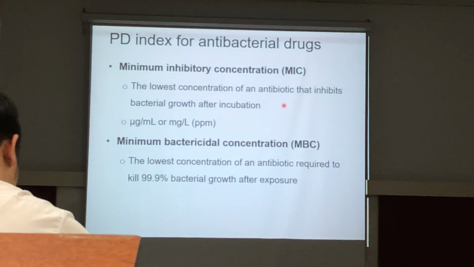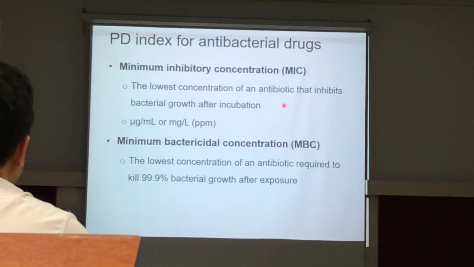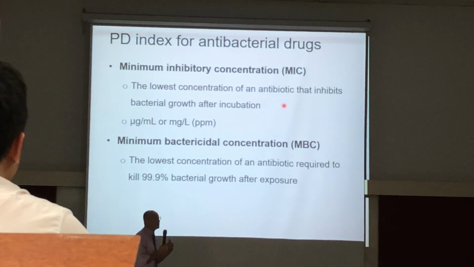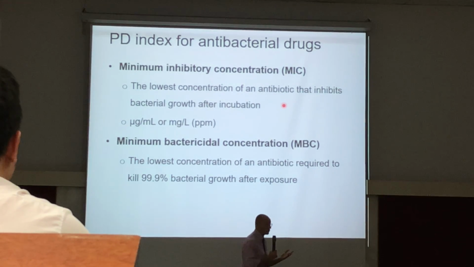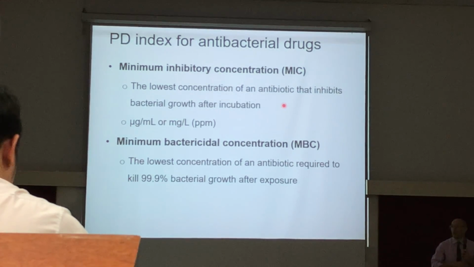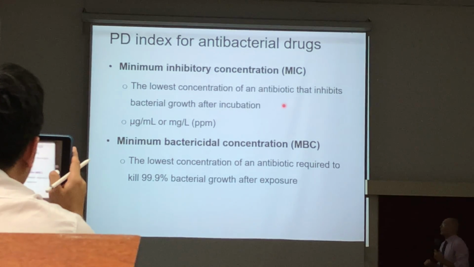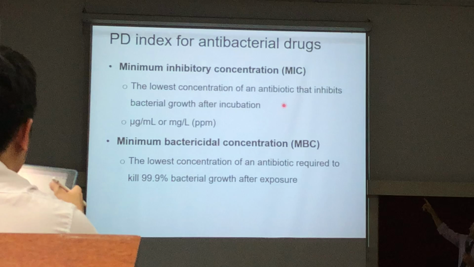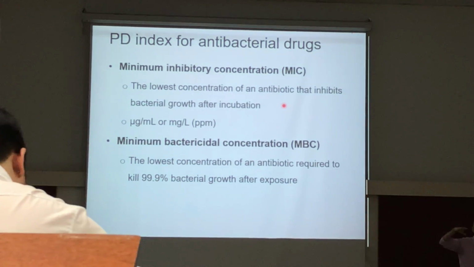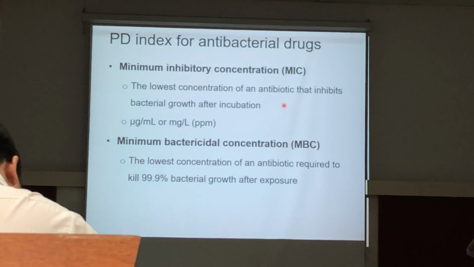Here, for the PKPD indexes, as I told you before, we can use the minimum inhibitory concentration, MIC. It is pretty important every time that you want to assess if one bacteria is susceptible to some antibiotic. And the minimum bactericidal concentration. Remember that minimum inhibitory concentration means that the bacteria growth is flat, so the bacteria cannot multiply.